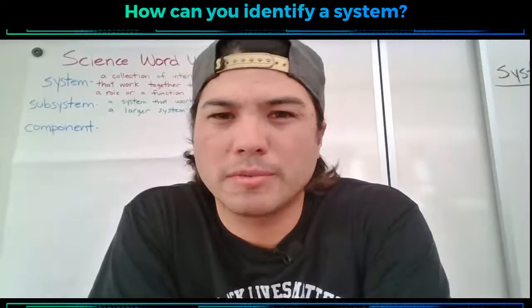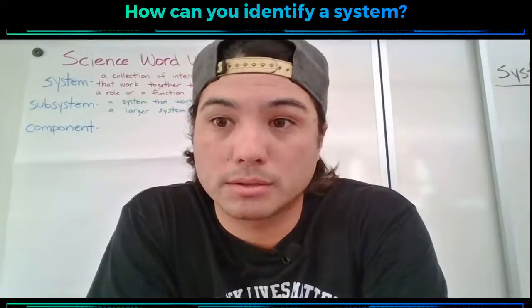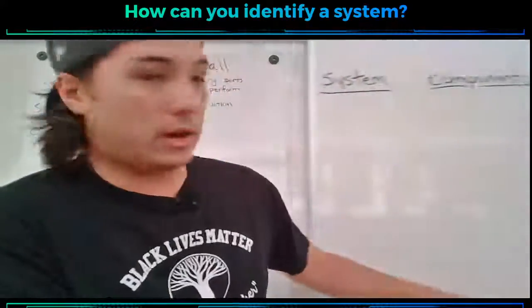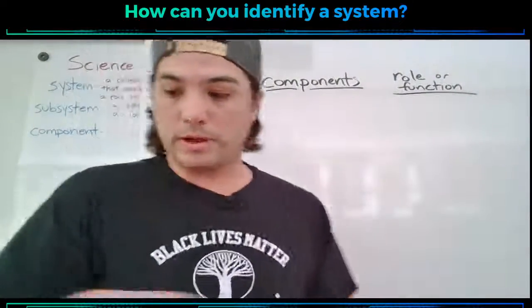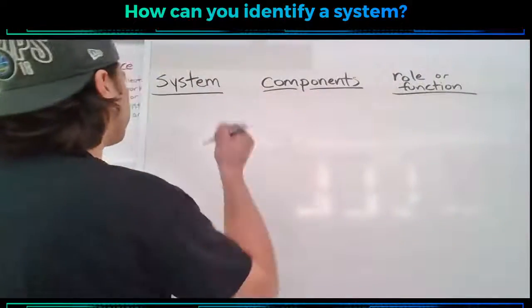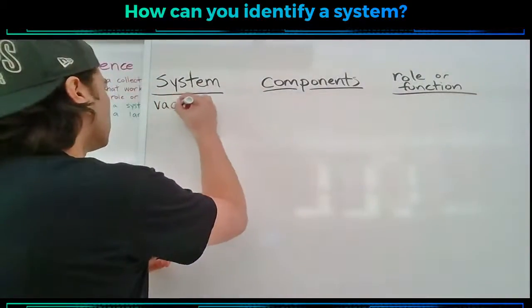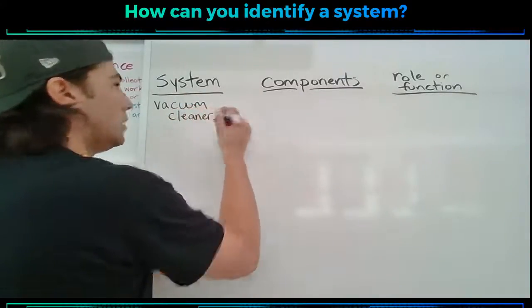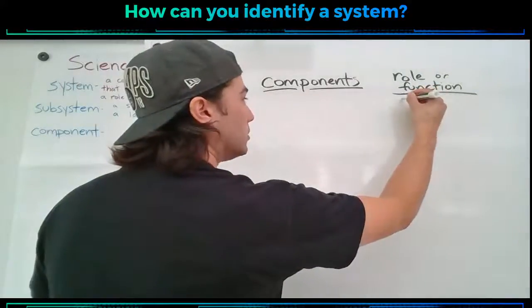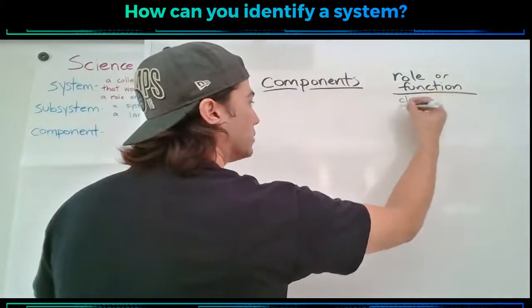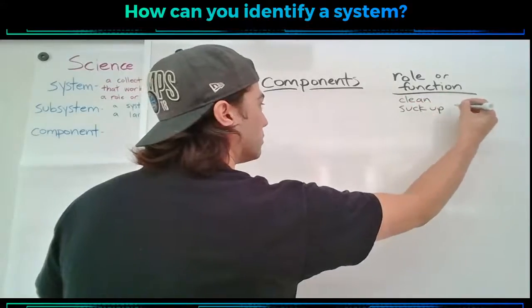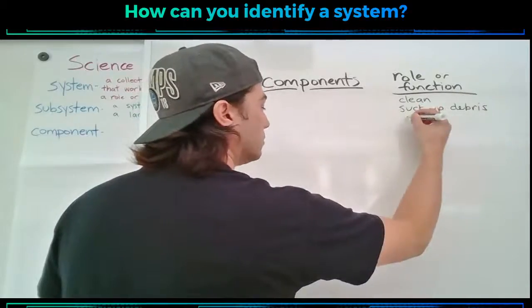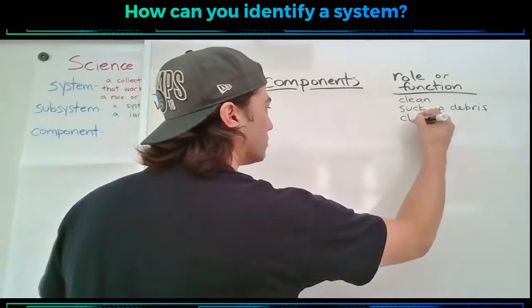So let's think about what are some of the components or parts of a vacuum cleaner. I'm going to go to our anchor chart here. Ta-da! So we have our system is our vacuum cleaner. The role or function is to clean, it's to suck up debris, it's to clean up spills.